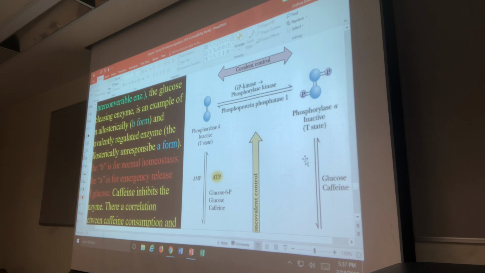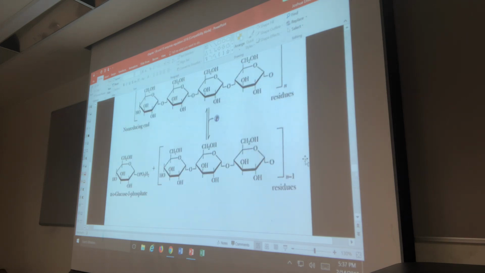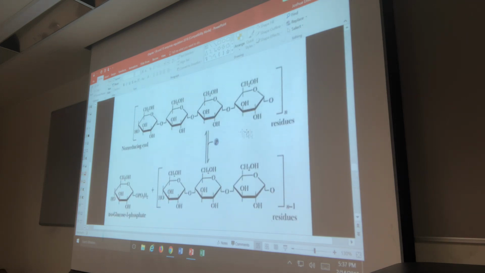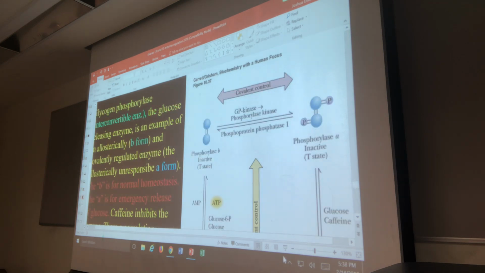All glycogen phosphorylase does, its only job, is to phosphorylate glucose. In fact, I think that is what this picture is here somewhere. Here's glycogen, and it phosphorylates it, okay? The rest of this process you'll learn in Biochem 2, or if you're studying for the MCAT, you will have to study the mechanism.